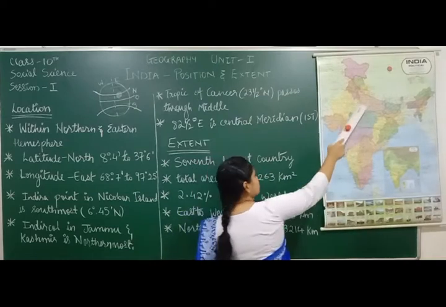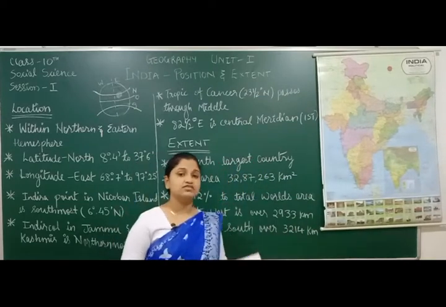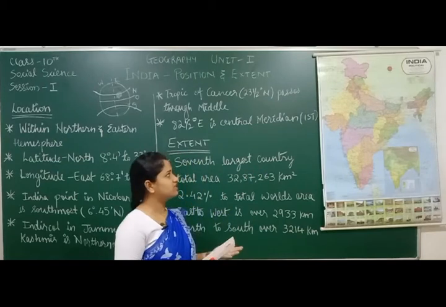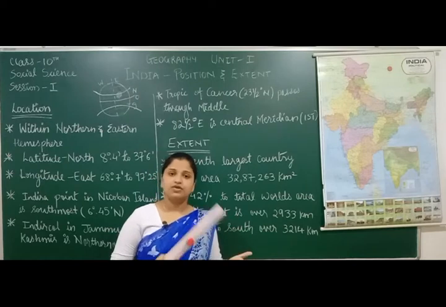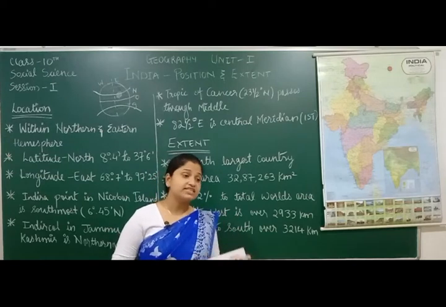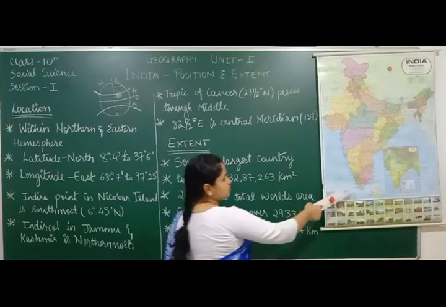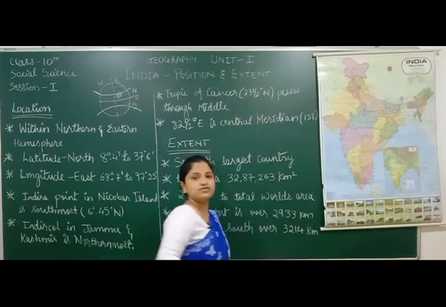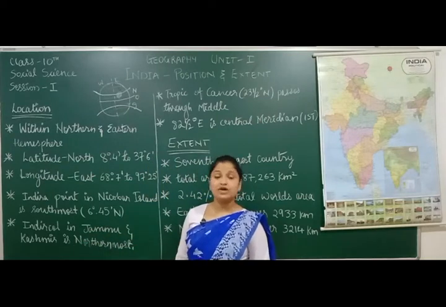Now, based on this line, we say it is passing through Kolkata. So Kolkata is the center. Whatever time it is there, that time will be followed by the entire country. As soon as you move a little northward, a little more ahead of Indira Kol, the time will change. Why will it change?